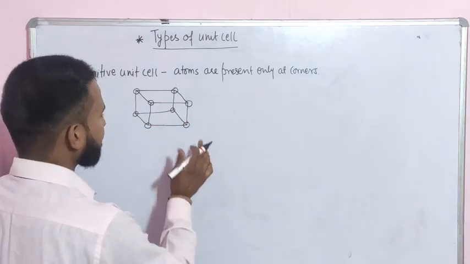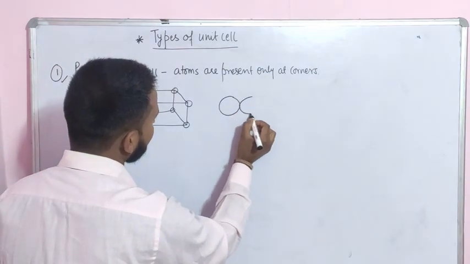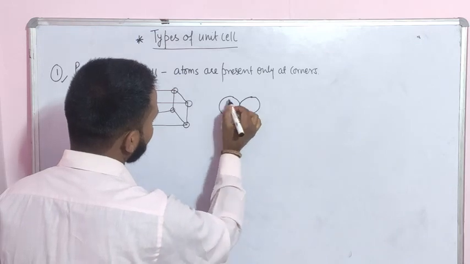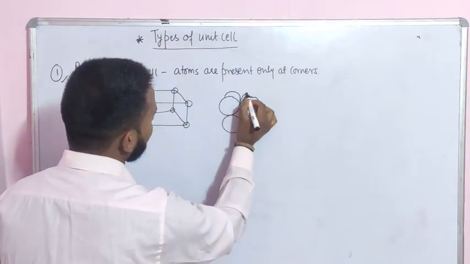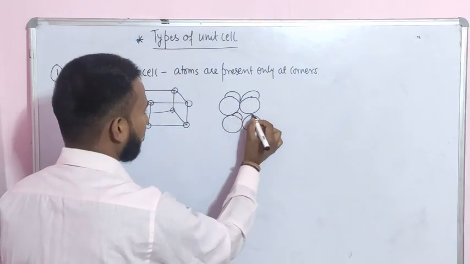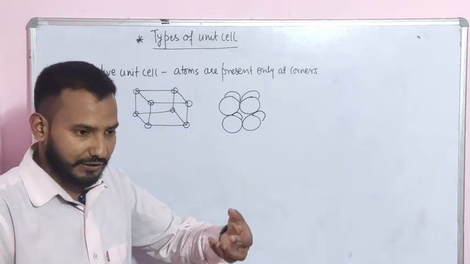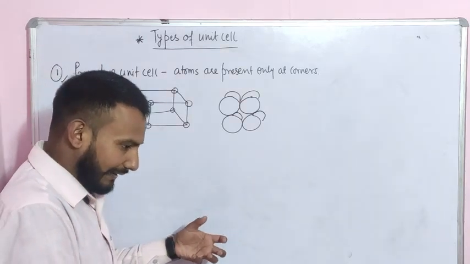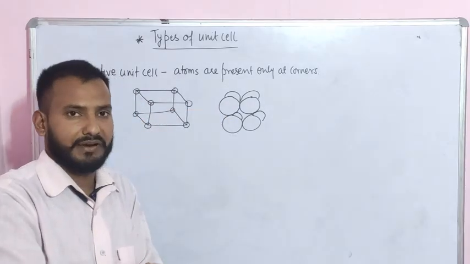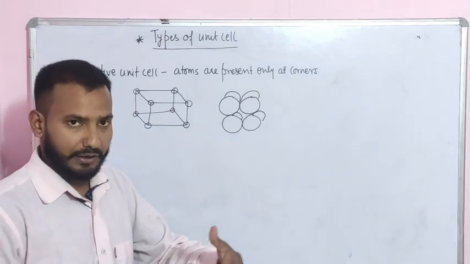For example, we can represent it like this: atoms touching each other, 4 atoms like this, 4 balls in contact with each other, and 4 other balls, also in contact with each other, placed over them. So all these atoms are in contact.